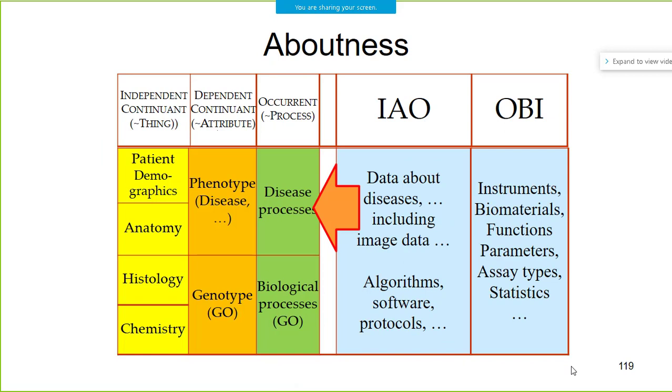And then there is a big link between IAO and OBI on the one hand and all the other ontologies, which is that the terms in IAO and OBI are in some sense about these other terms. So experiments are about cells or molecules or organisms. Publications are about organisms or events or whatever it might be.